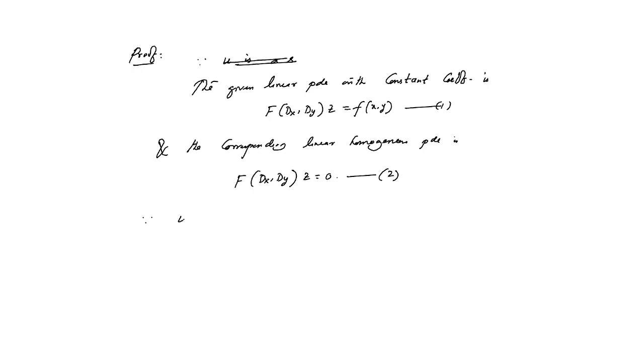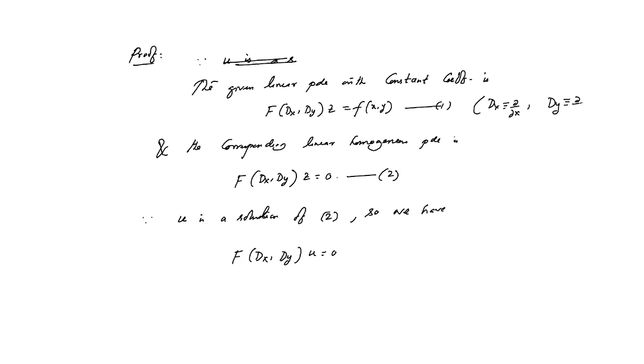Now since u is a complementary function, u is a solution of 2, so we have f(Dx, Dy) u equals to 0. So here Dx means ∂x and Dy the operator ∂y.